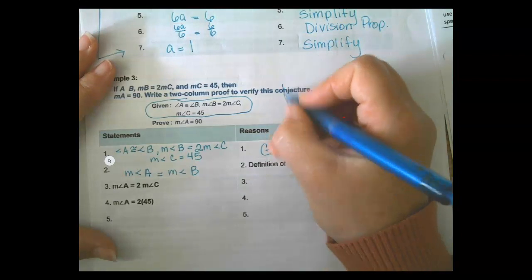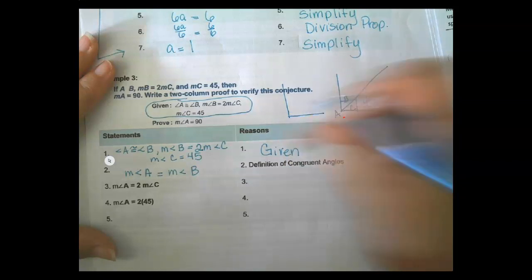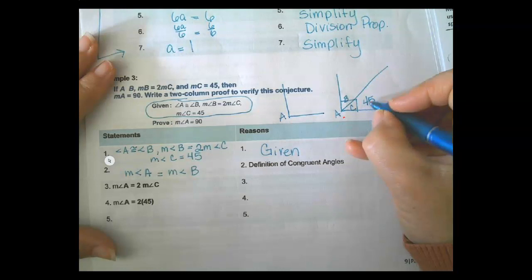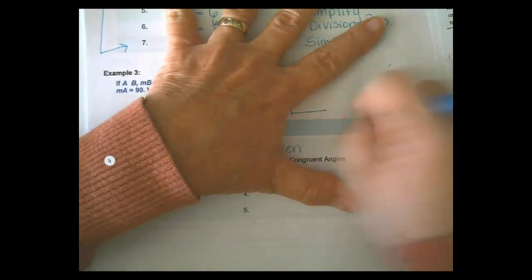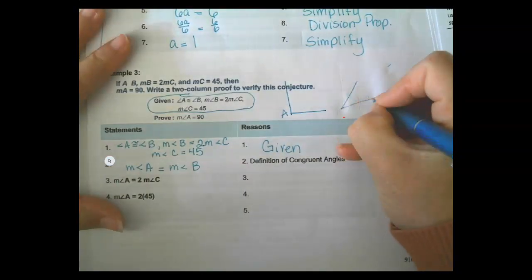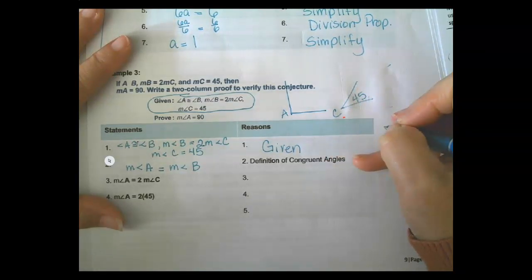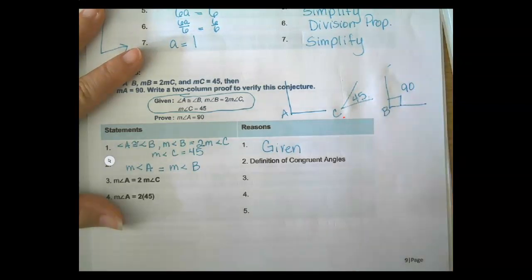So angle B is like this. I think they're all separate. Isn't that hard to read? So this is angle A. Angle C is 45. I knew this picture didn't look right. Angle C is 45. Angle B is twice 45, which is 90. Okay, gotcha.